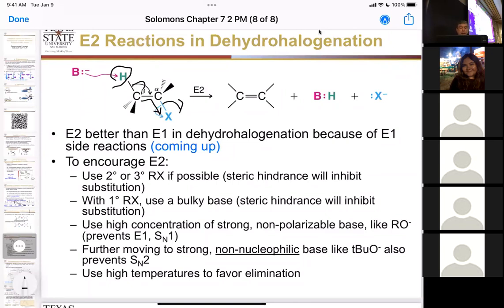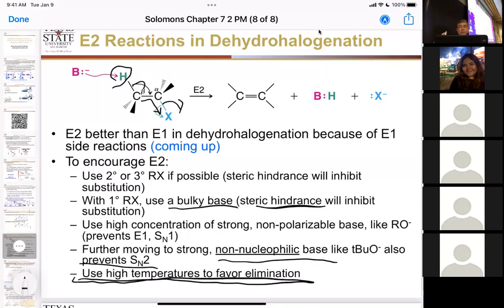You can use a bulky base to use sterics to get some stuff moving along. If you're using a non-nucleophilic base, that also will prevent SN2 reactions. So t-butoxide always does the E2. The other bases, if they're hot, they'll do elimination. If they're cold, they'll do substitution. And therefore higher temperatures will favor elimination.